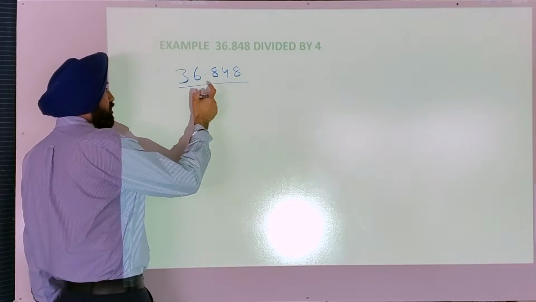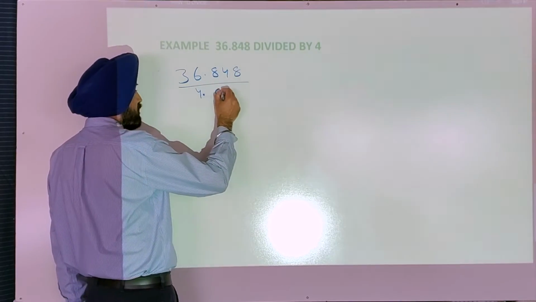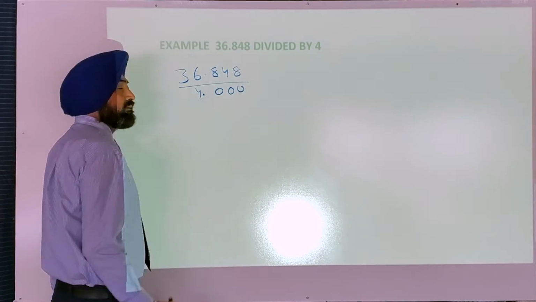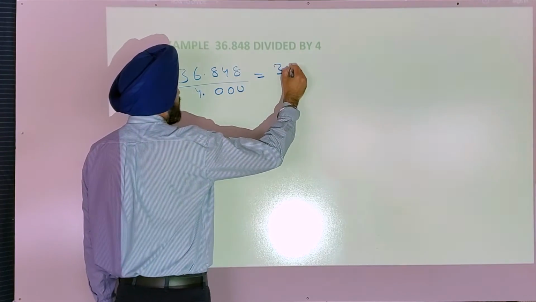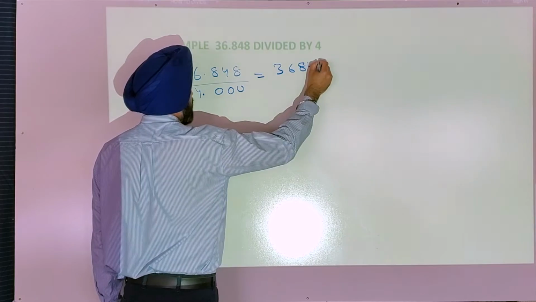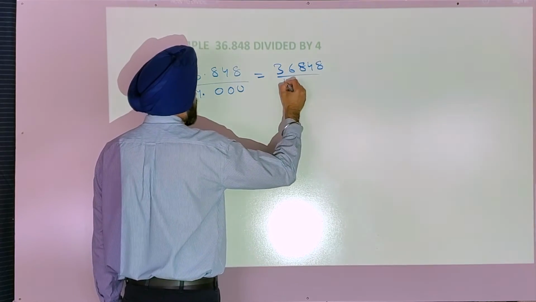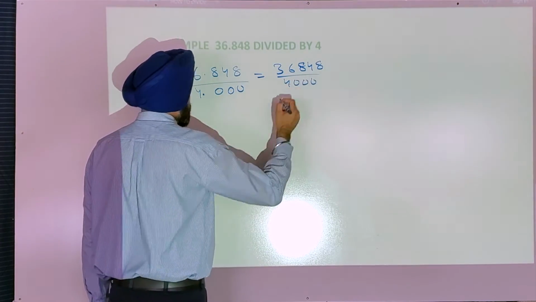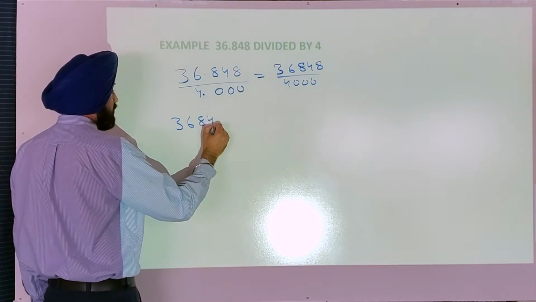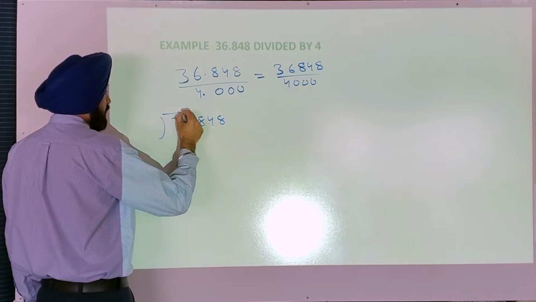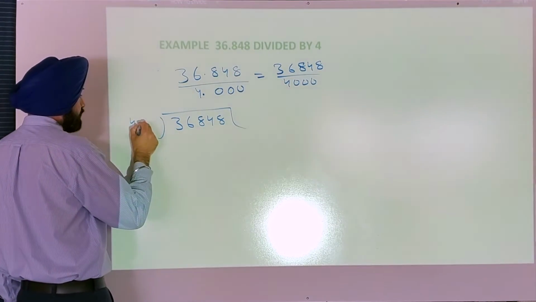We want to remove the 3 numbers after the decimal, so put 3 zeros here. Now this becomes 36,848 divided by 4,000. So now divide 36,848 by 4,000.